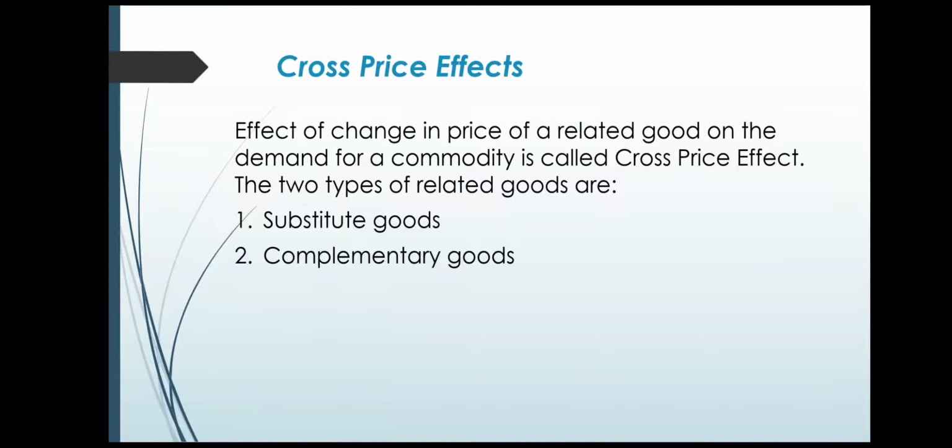There are two types of related goods, that is substitute goods and complementary goods. The first one is substitute goods, that is the goods that can be used in place of one another, and complementary goods are those goods that are to be used together.